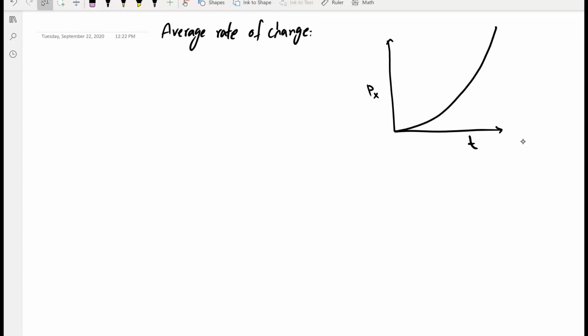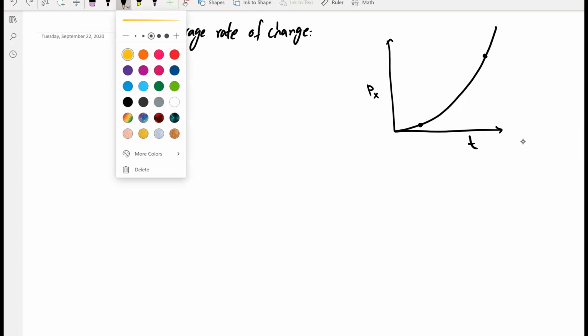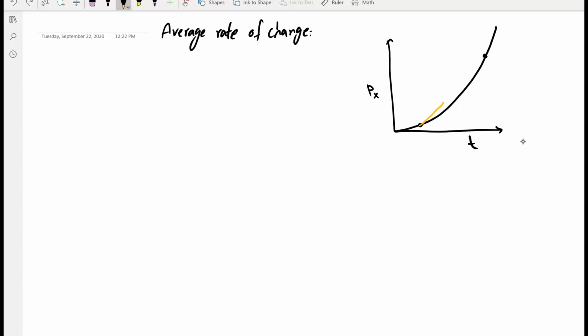If you want to calculate average rate of change, let's choose two points, and if you join these two points like this, this is called average rate of change.